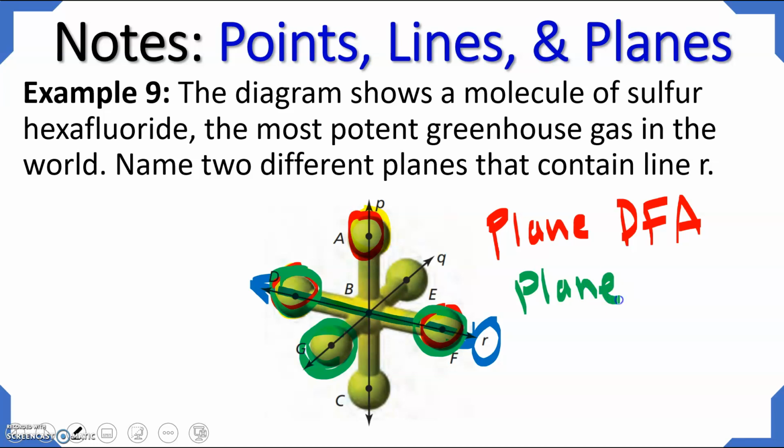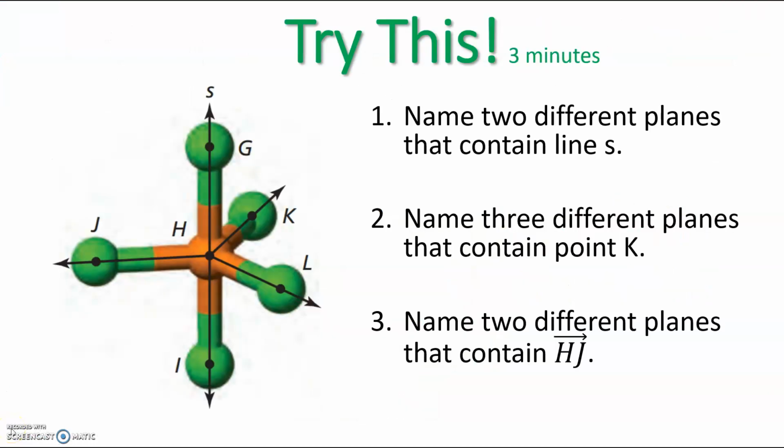So plane D, G, F will also include line R. Now it's your turn to try. Name 2 different planes that contain line S. Name 3 different planes that contain point K. And name 2 different planes that contain ray HJ.